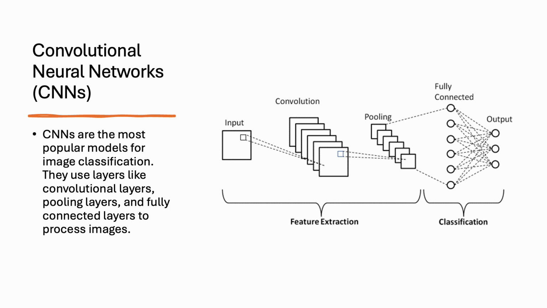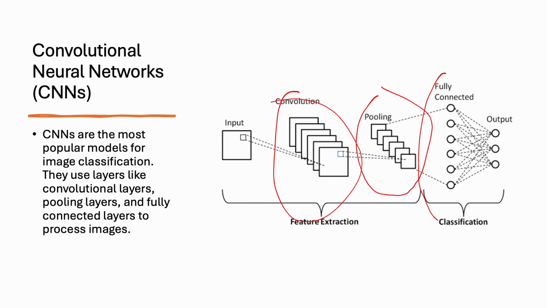Let's take a close look at convolutional neural networks, or CNN. These are the go-to method for image classification. CNNs have special layers like a convolutional layer to detect patterns, a pooling layer to reduce complexity, and a fully connected layer to make the final prediction.